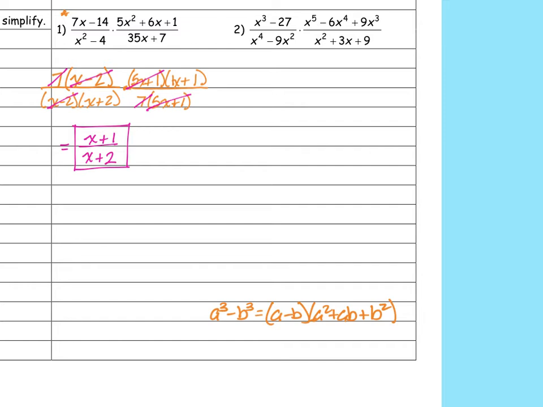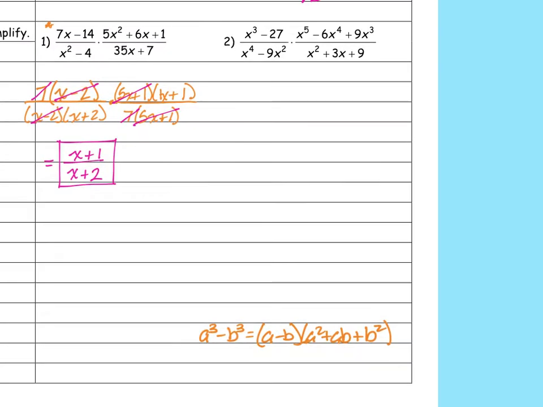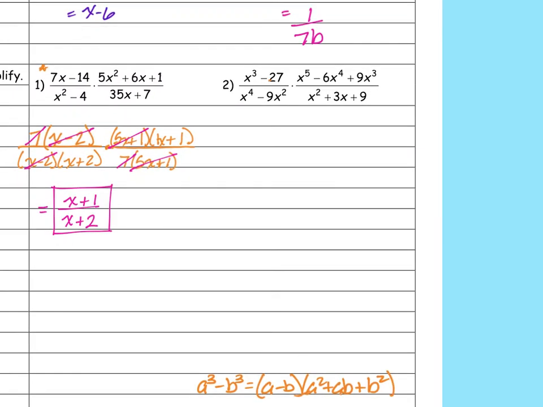So I'm going to factor that x cubed minus 27 using this rule, because 27 I can write as 3 cubed, right?